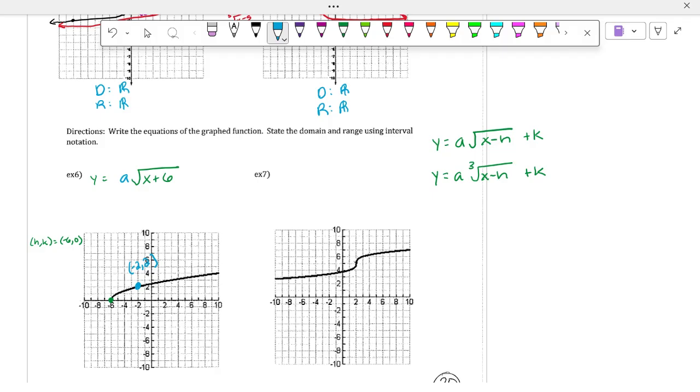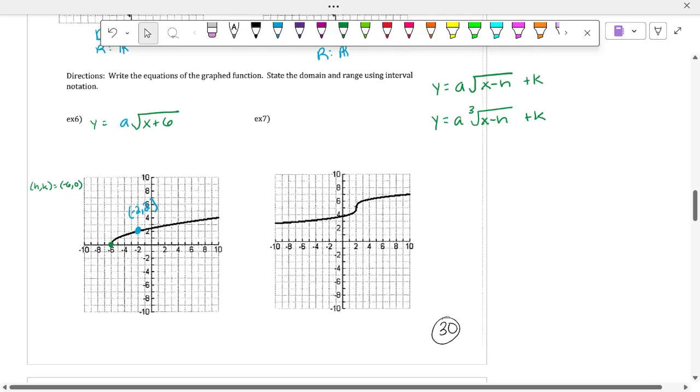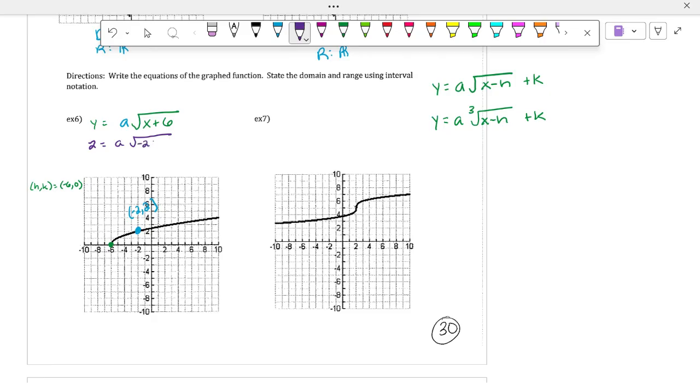Who remembers what I can do to get my a value based off of another point? Plug it in for x and y, solve for a. So this would be 2 is equal to a square root of -2 plus 6. And then I'm going to evaluate it. So I get 2 is equal to a square root of 4.